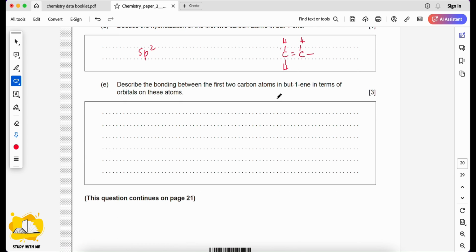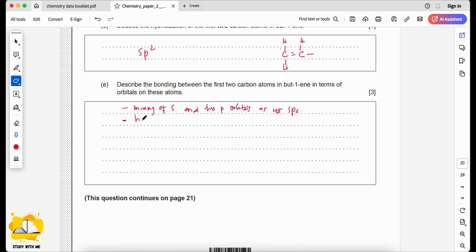Describe the bonding between the first 2 carbon atoms in but-1-ene in terms of orbitals. So sp2 is the mixing of an s and 2 p orbitals.